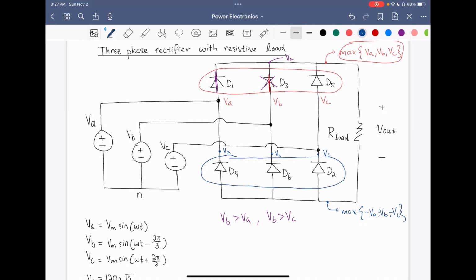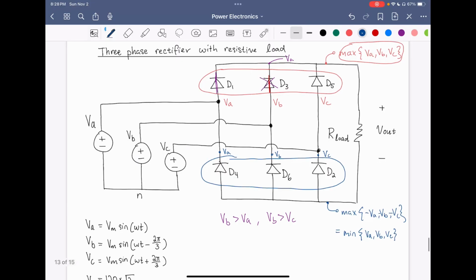Sorry, they all have negative signs. You can also think of this as the minimum of VA, VB, and VC. So therefore, these diodes will work to provide this node as the maximum of the negative line to neutral voltages, and this node will conduct to provide the maximum of the positive line to neutral voltages.